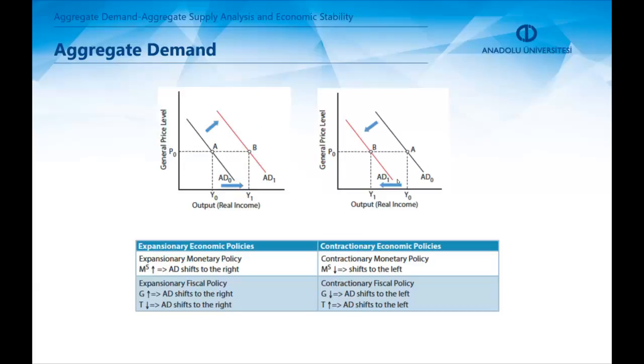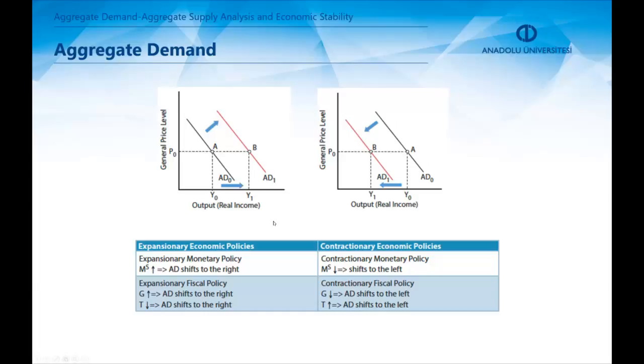And of course, when we assume the price level is constant, there can be an increase or decrease in aggregate demand. They come from different sources.